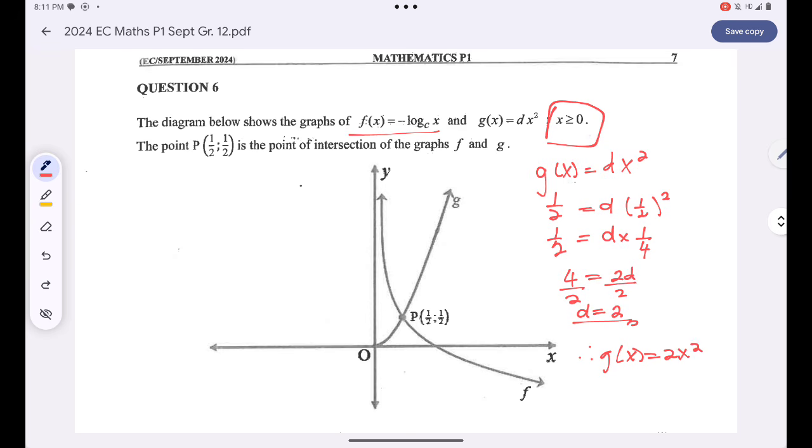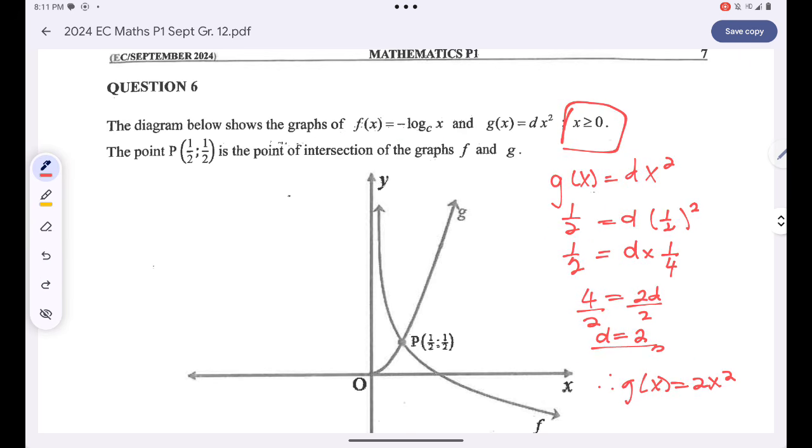Okay, now let's go and find the value of c. We are told that f(x) is equal to negative log x base c. This can be rewritten as log of x base 1 over c.